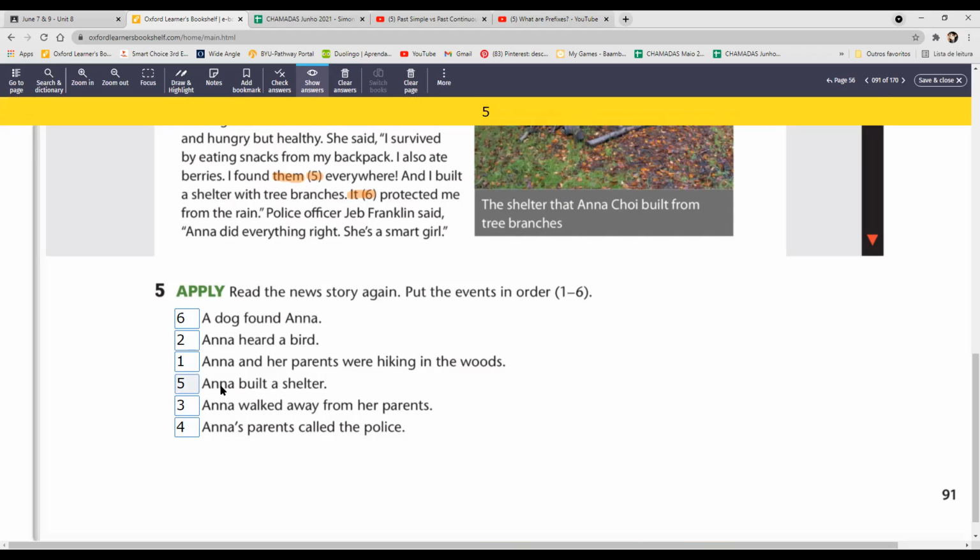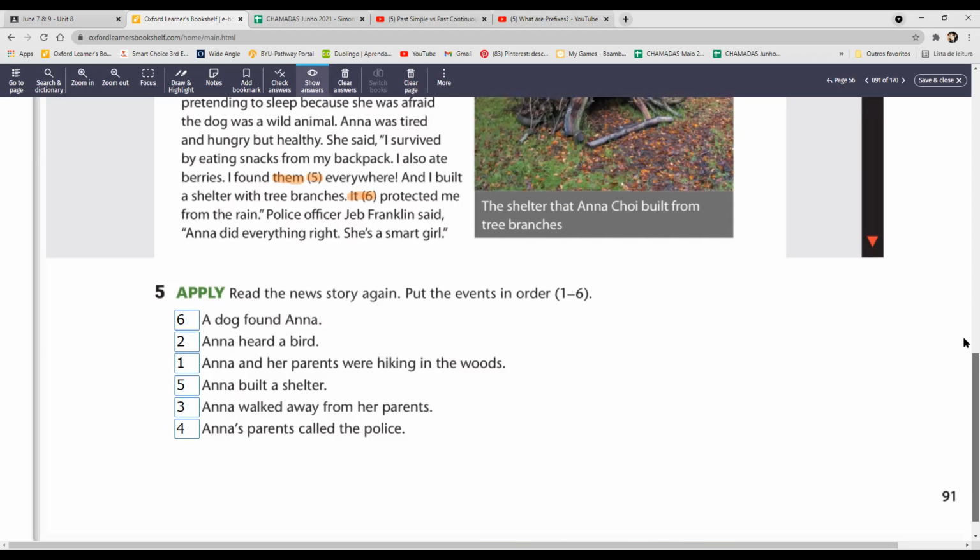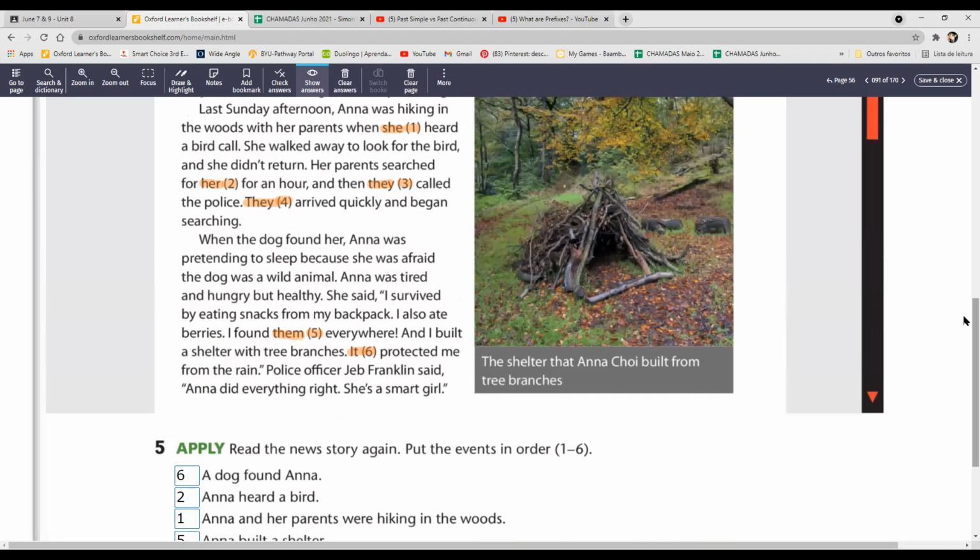Number 5, Anna built a shelter. And number 6, a dog found Anna. So you see how nice, guys. Dogs are really amazing. So she's alive today thanks to a dog.